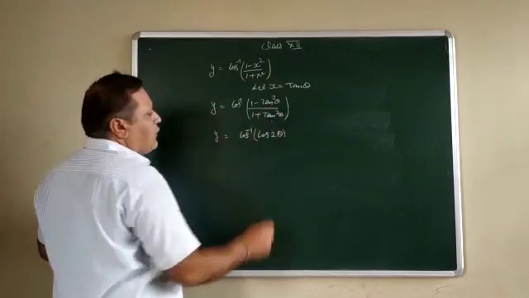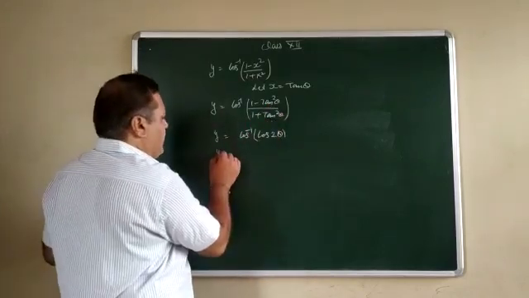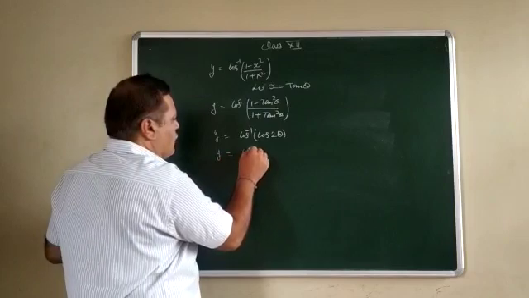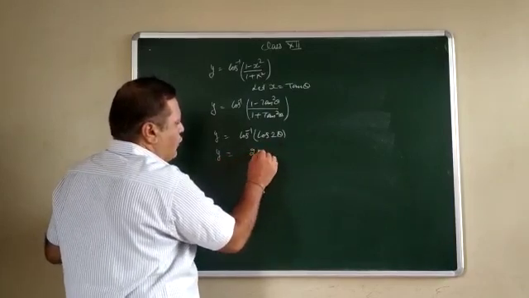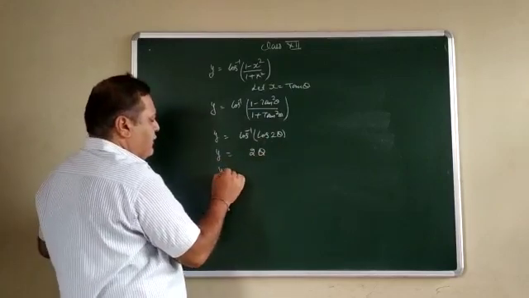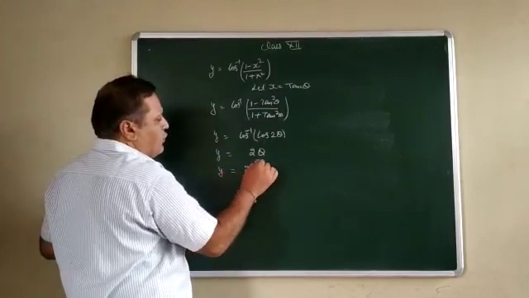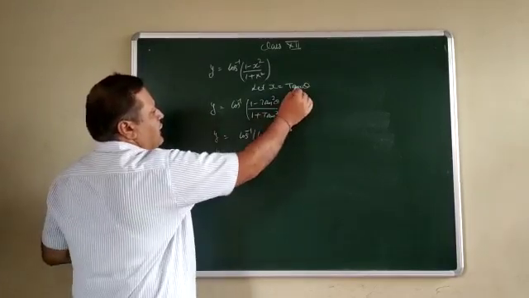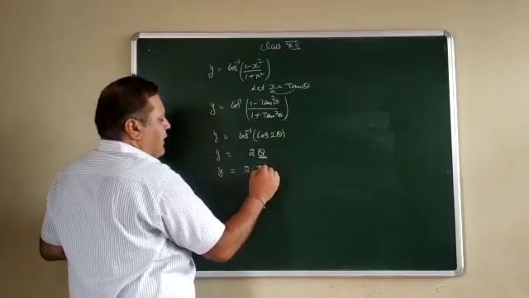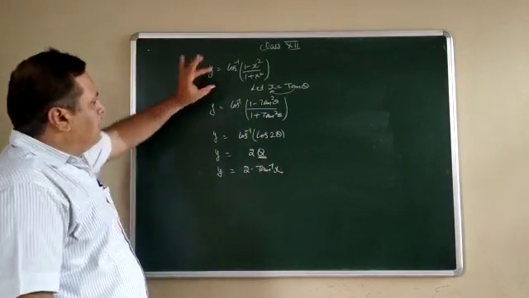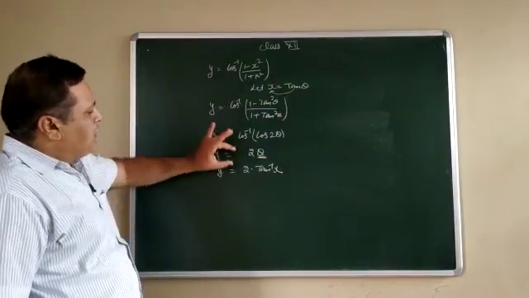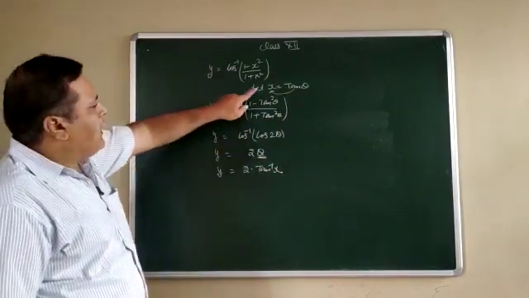You know the formula of tangent for cos 2 theta. y is equal to cos inverse cos 2 theta. This cos gets cancelled, only 2 theta is left. y is equal to 2 theta. The value of theta is equal to tan inverse x. Now see, this difficult question is changed into a simplified question with the help of the formula.